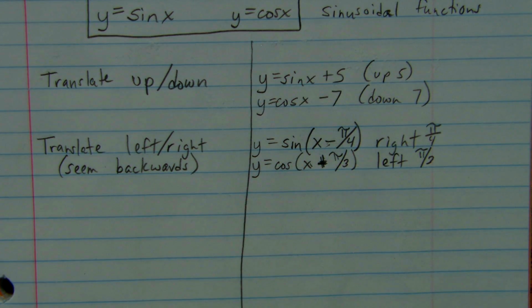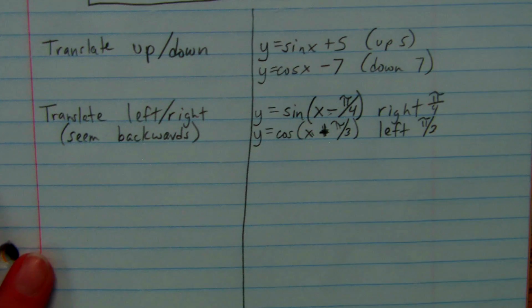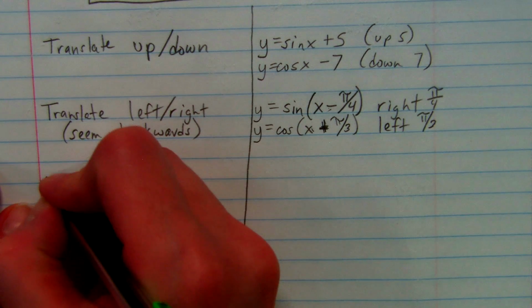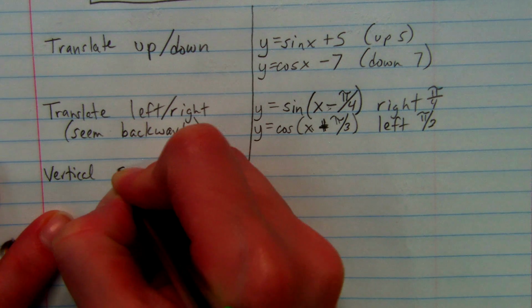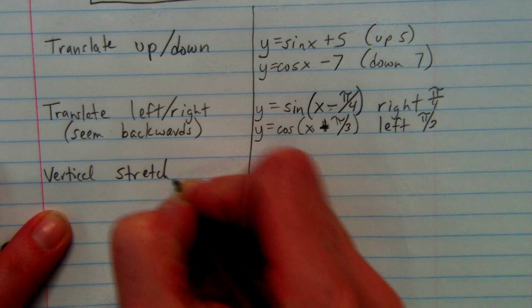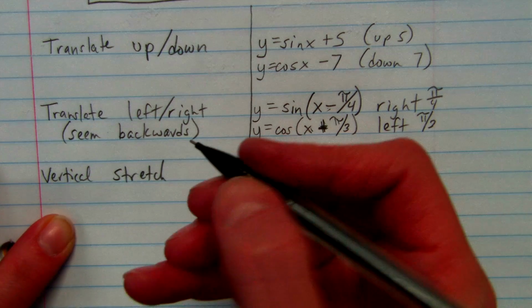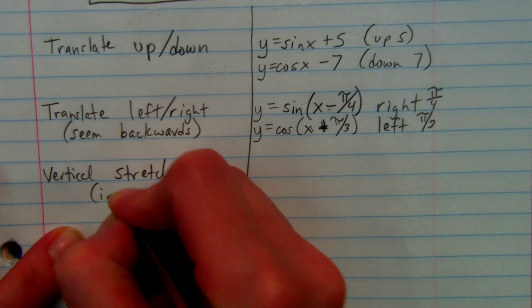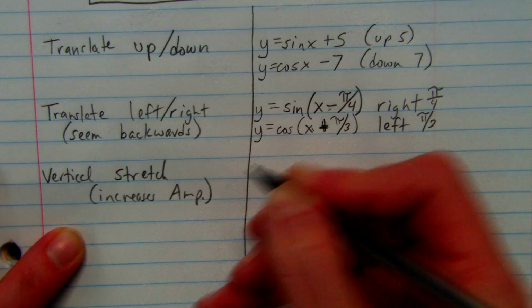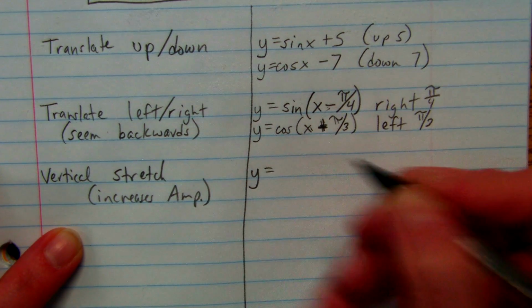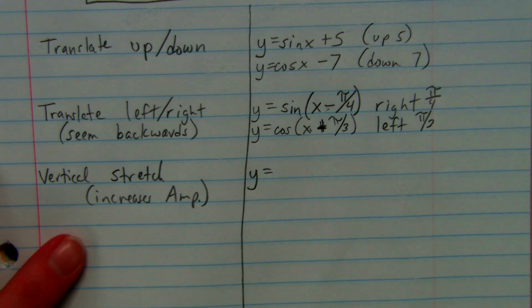Okay, so we can change the amplitude by performing vertical stretches. So if I want to do a vertical stretch, which basically increases your amplitude, we make the number in front of sine and cosine a little bit larger.